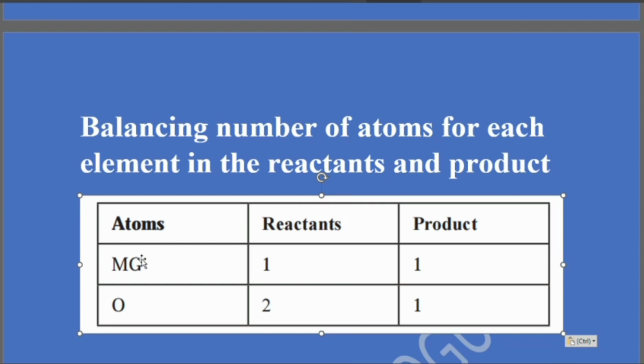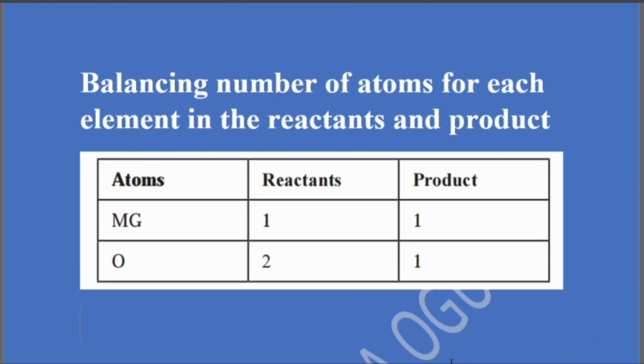Now, on the reactant side, we are counting and we see that we have one magnesium atom, and on the product one magnesium atom. For the atoms of oxygen, on the reactants it is 2. For the product, it is 1. Now, you can see that the difference is in that of oxygen.